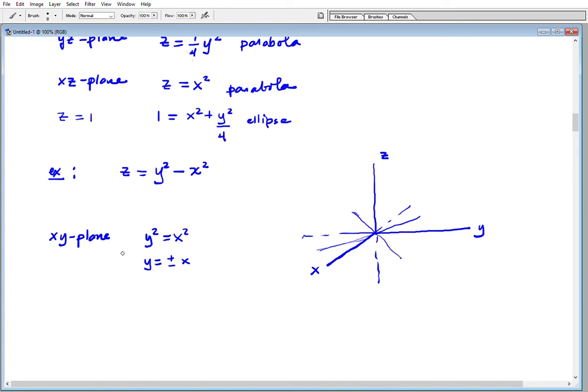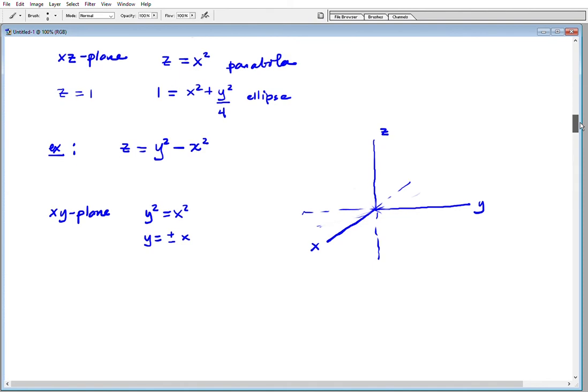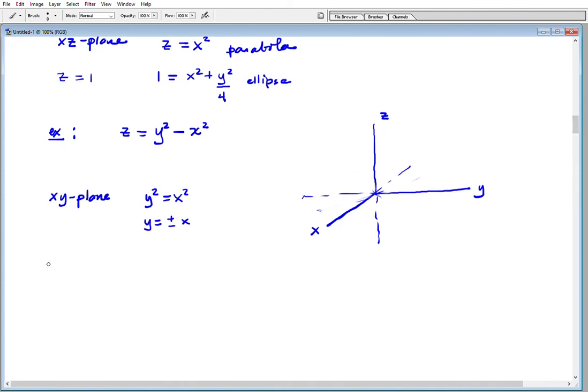It'll get confusing just putting these in our diagram, so I'm going to erase them. I'll keep it here, but it doesn't really help much with the curve. It doesn't help us visualize the surface. All right, so let's go on to the YZ plane.